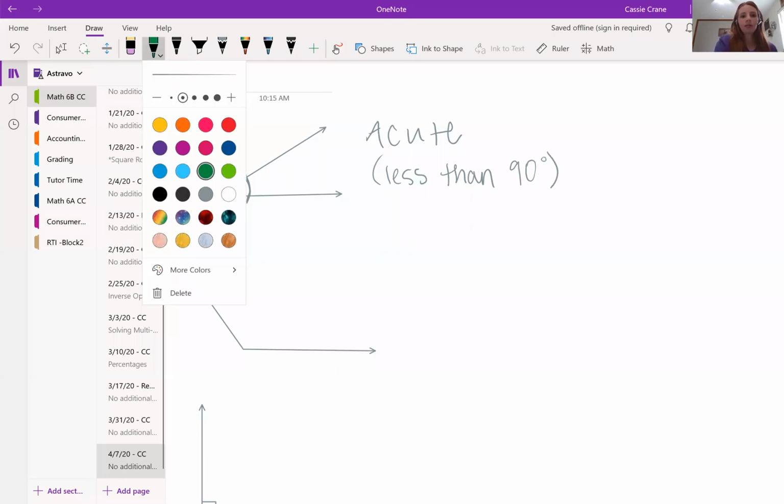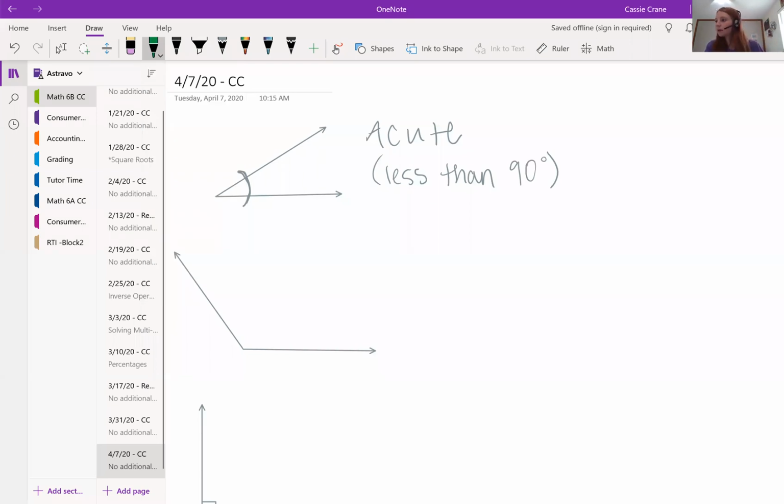All right, what about the next one? Yep, obtuse. And how do we know it's obtuse? Exactly. It's the opposite of acute. It's more than 90 degrees. So this angle here measures more than 90 degrees. Yeah, you got it.